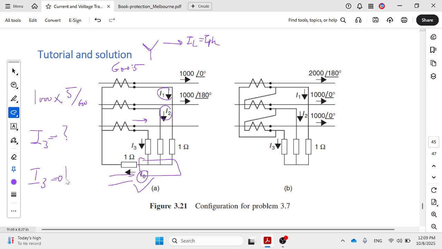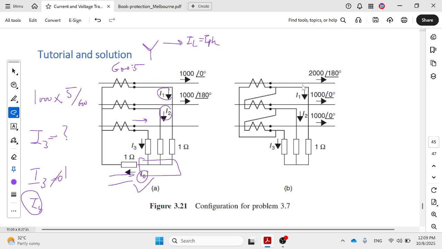If it's a balanced system, I3 is not 0. You can find it based on the previous formula I gave you, IA plus IB plus IC equals 0. So I3, or IC, has a value, and then you can calculate I3 using the CT ratio, whatever it is.